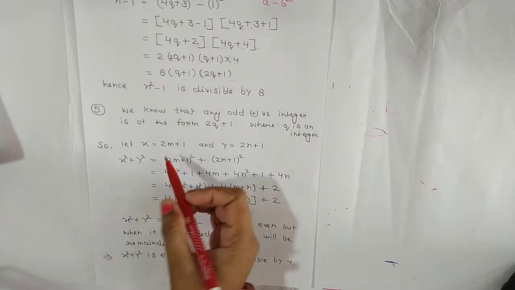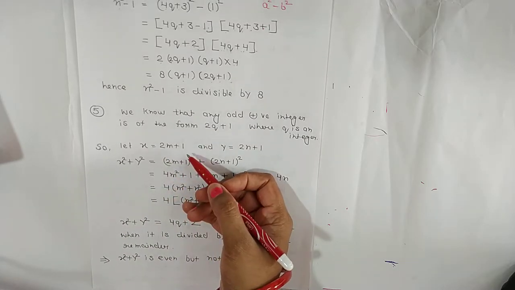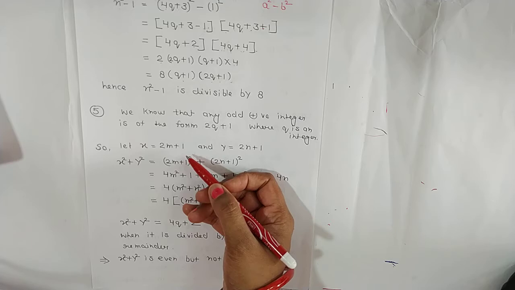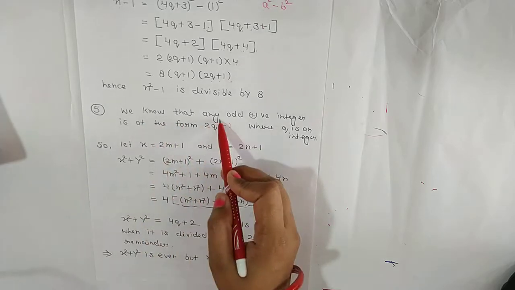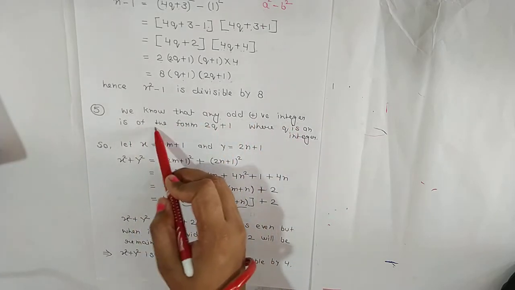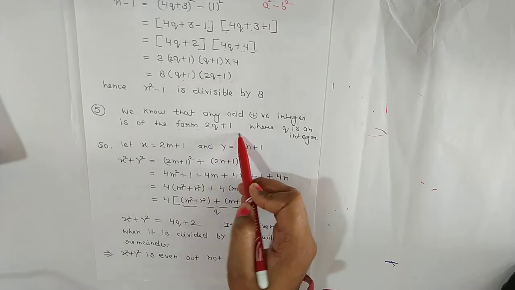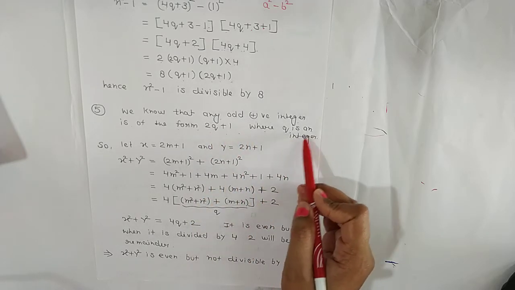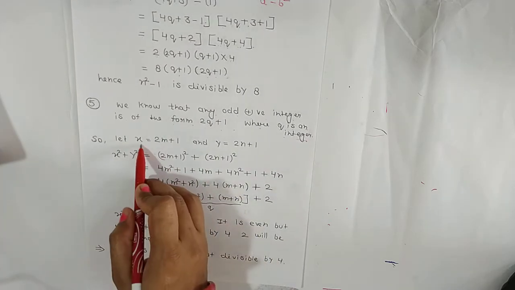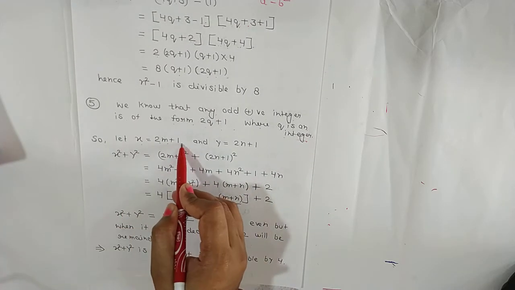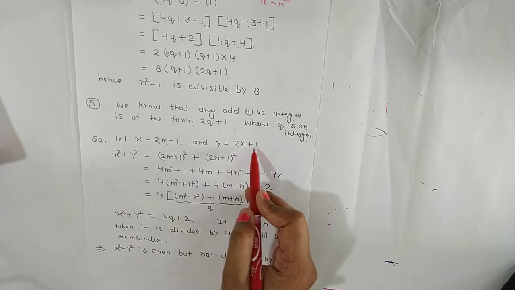Prove that if x and y are odd positive integers, then x square plus y square is even but not divisible by 4. Okay. So we know that any odd positive integer is of the form 2q plus 1, where q is an integer. So let x be equal to 2m plus 1 and y be equal to 2n plus 1.